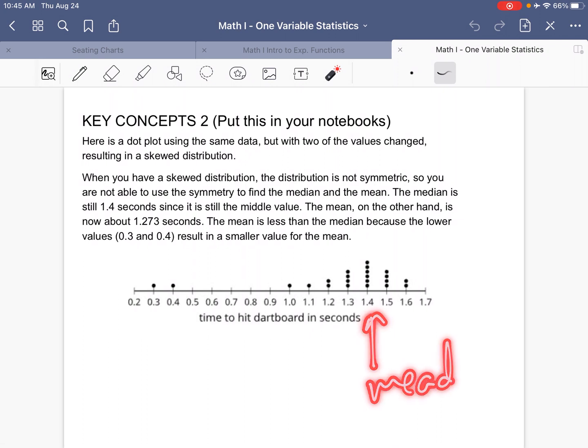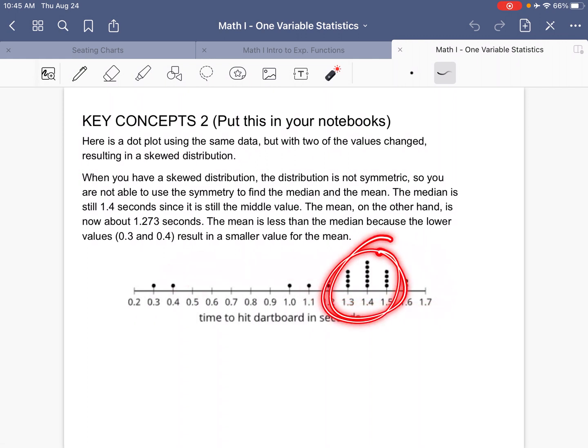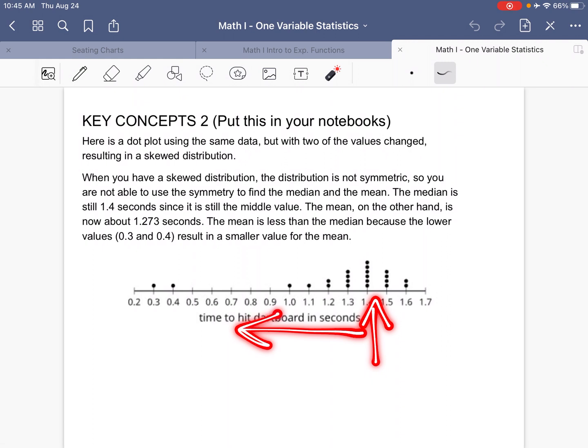Now, if we look at this, this is skewed left because we have our main peak here and then it trails off to the left. And what that does is it actually takes the mean and pulls it further to the left.